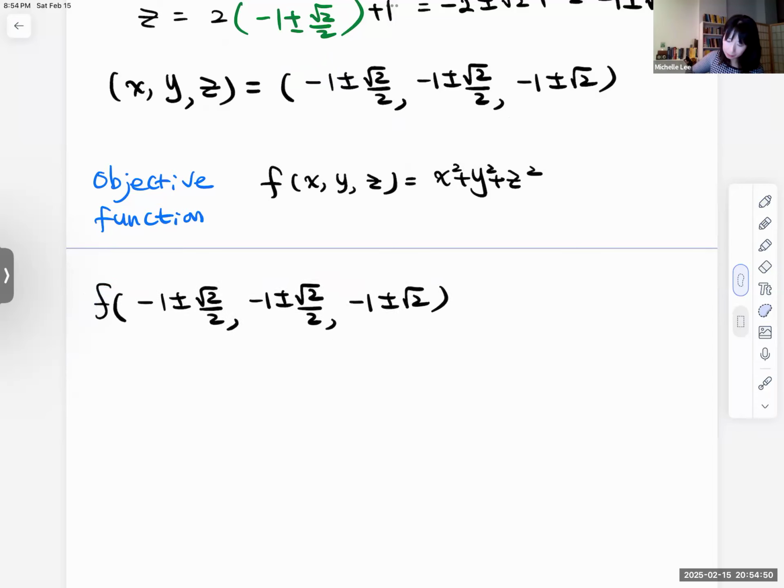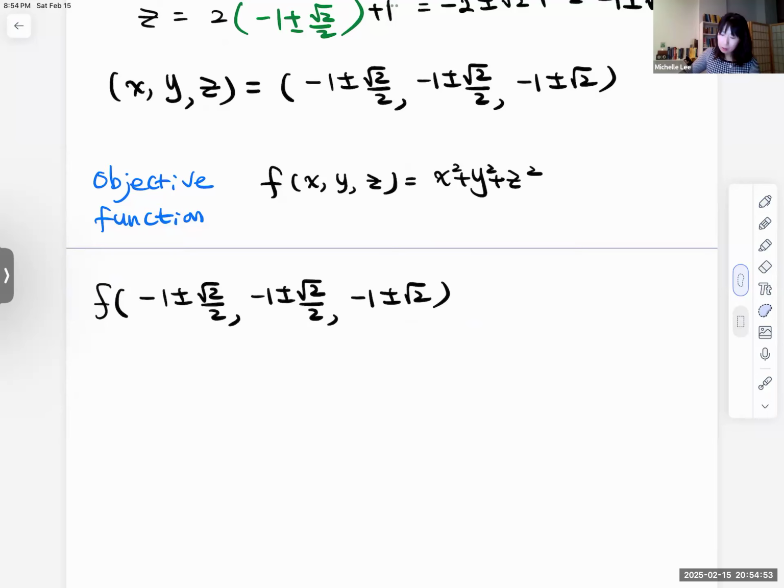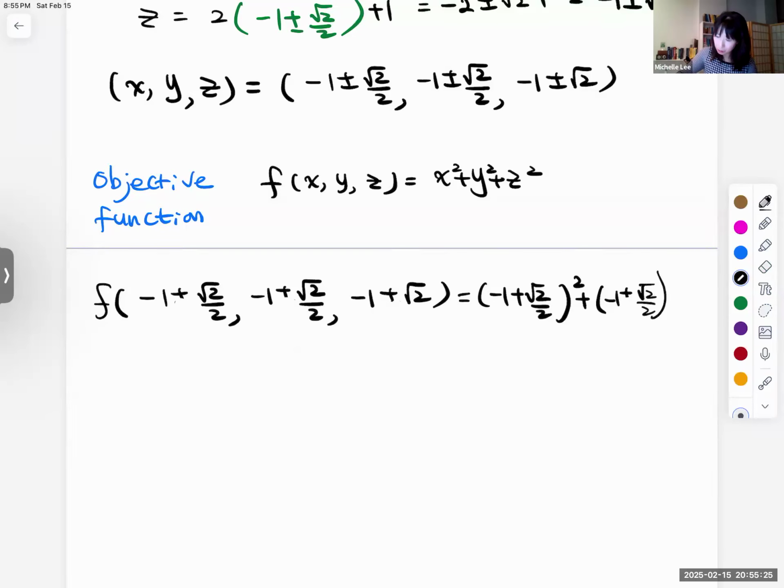Paste. Okay, so let's make it positive first. So that would be negative 1 plus square root of 2 over 2 squared, plus negative 1 minus, sorry, square root of 2 over 2 squared.